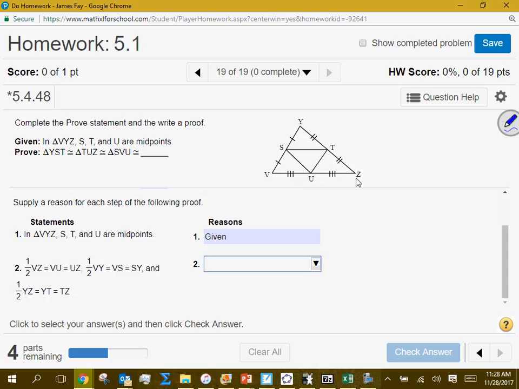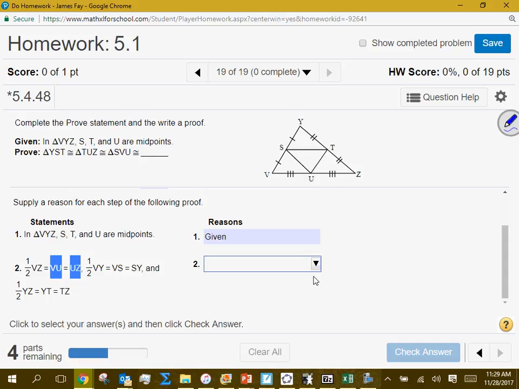If we think about midpoints, half of VZ should be the same thing as VU, right? And half of VZ should be UZ. So what they're getting at there is that ultimately VU is congruent to UZ. That's what's allowing us to make these marks in here, okay?